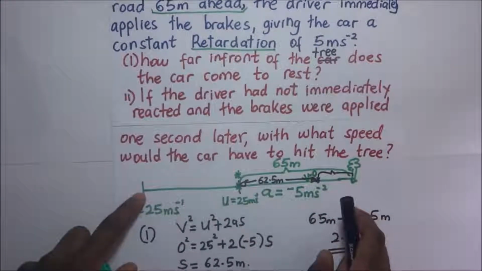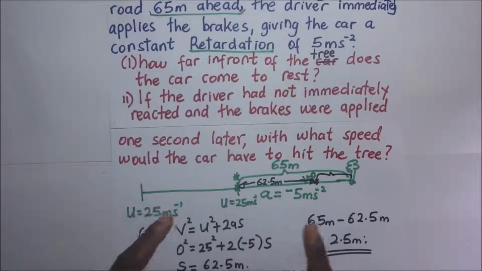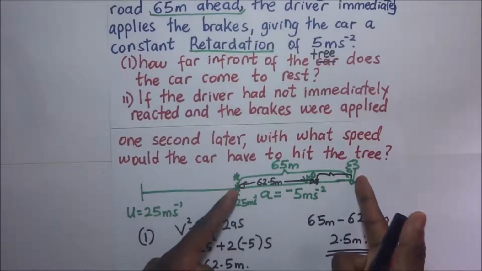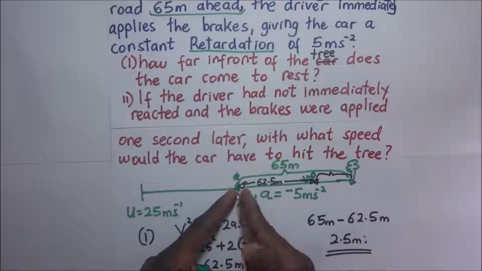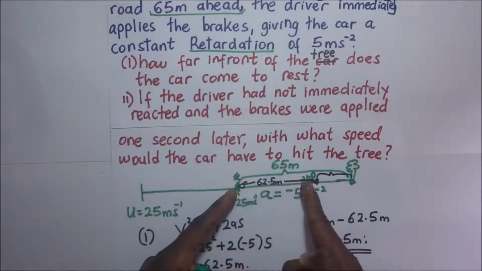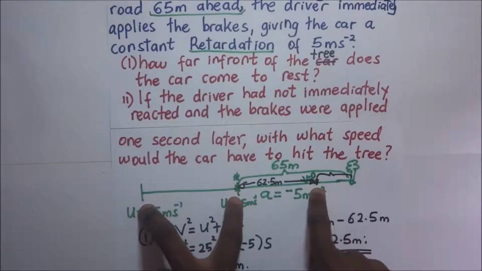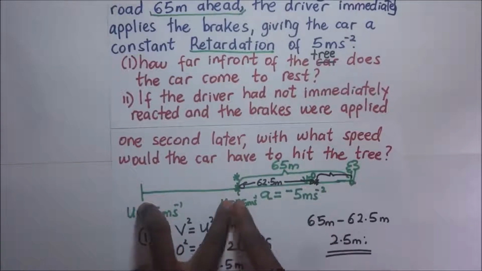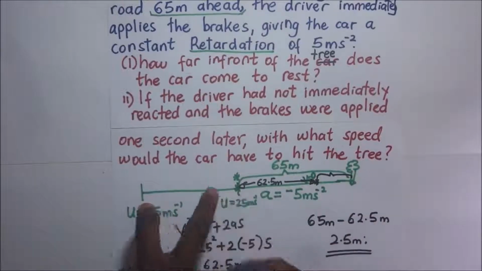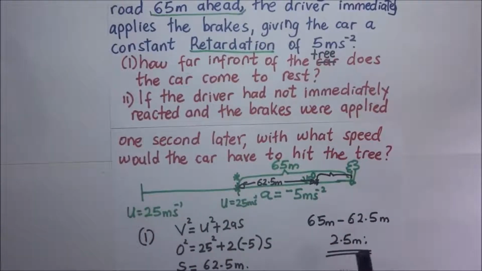Again, as he was moving, he notices that the tree is 65 meters ahead. He applies the brakes, and he's able to stop somewhere before he hits the tree. Now the question is telling us, what if he had not applied the brakes immediately, but delayed by just 1 second?